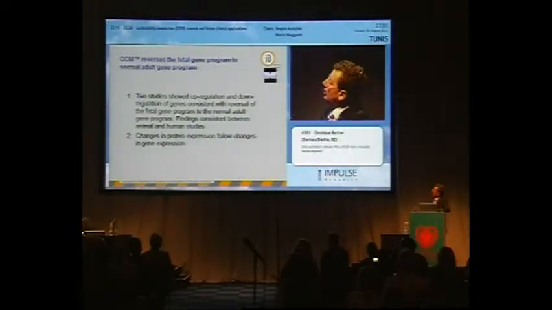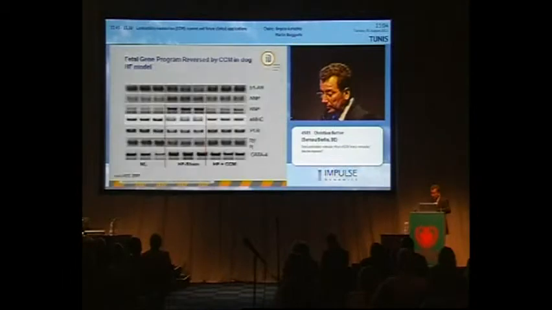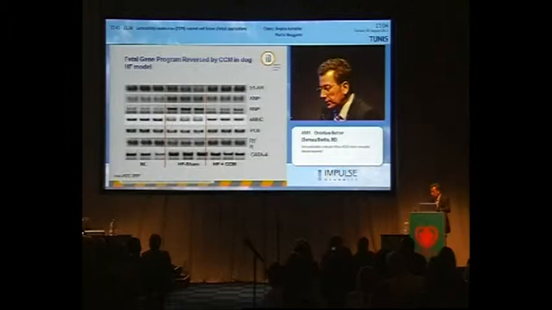How can we show that the fetal gene program is removed to a normal one? Those are data also from a dog model of heart failure. You see on the left side the normals. Just look for ANP, for example BNP, maybe phospholamban, alpha-myosin heavy chains. You see what is going on in the heart failure sham portion.